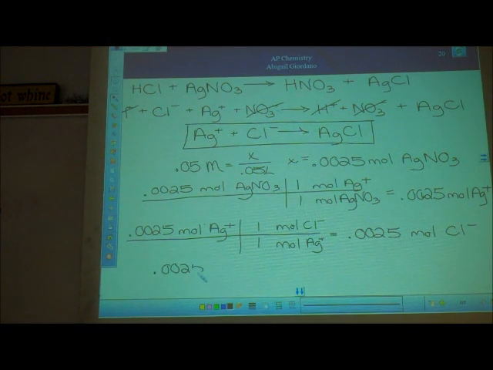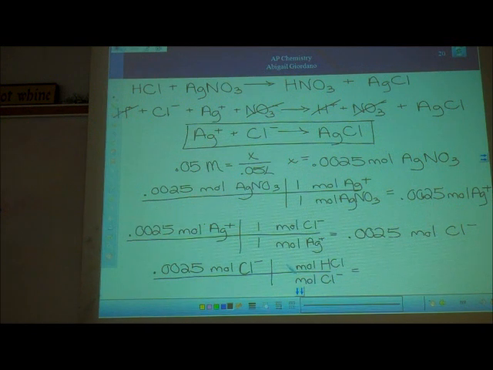These problems will not always have such nice 1 to 1 to 1 to 1 to 1 ratios. Part to whole. When you're doing that, which one always gets a 1 next to it? The compound or the part? Compound. How many chlorines are in HCl?